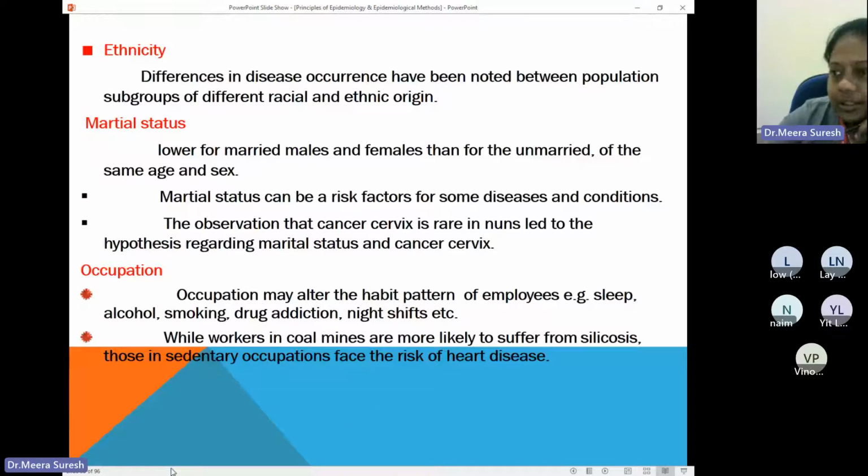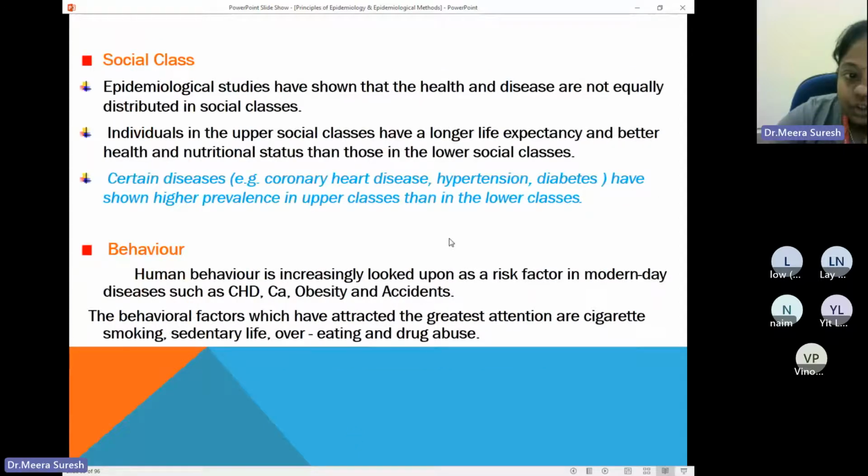Then occupation: there are a lot of occupational diseases nowadays. People who work in coal mines are more likely to suffer from silicosis and other disease conditions. Then based on social class, individuals in the upper social class have a longer life expectancy, better health and nutritional status than those in the lower social classes.